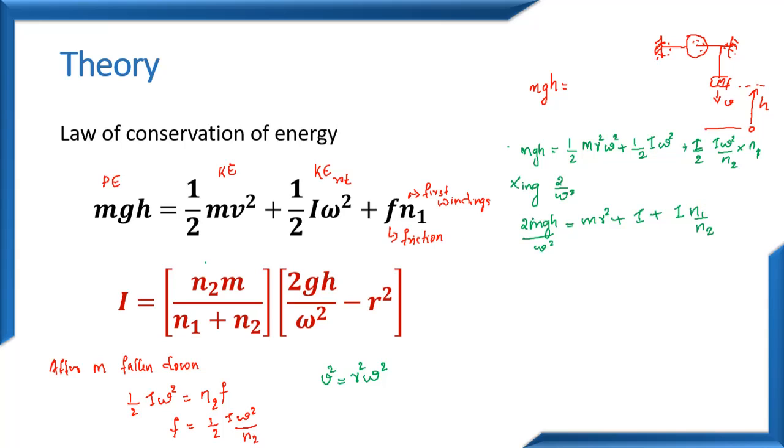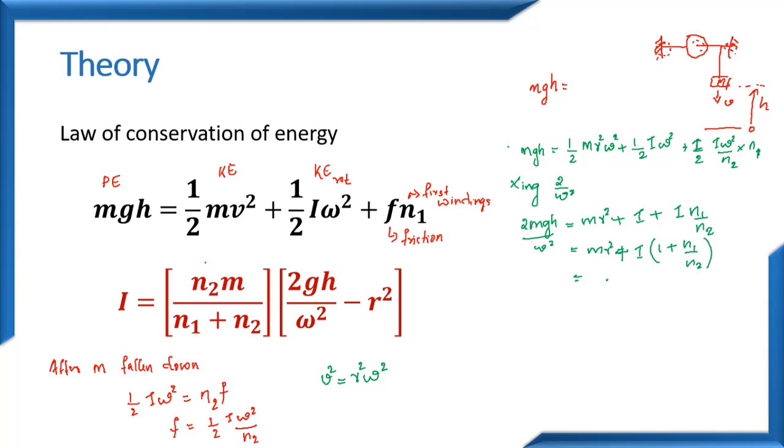So I wish to get rid of this N term also. So let me rearrange it such that m r square plus I, taking I as common, into 1 plus N1 by N2.